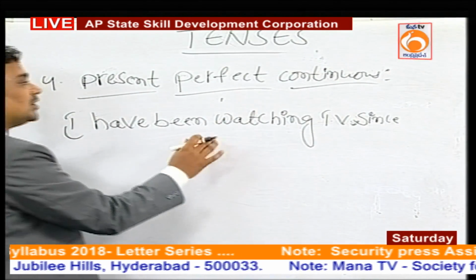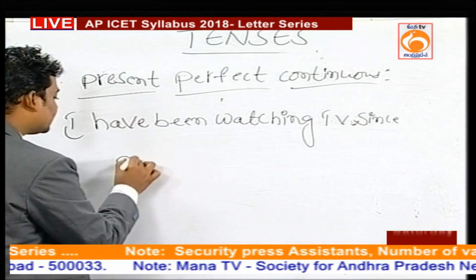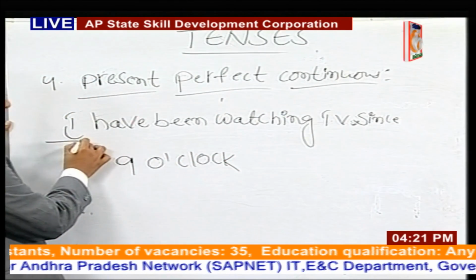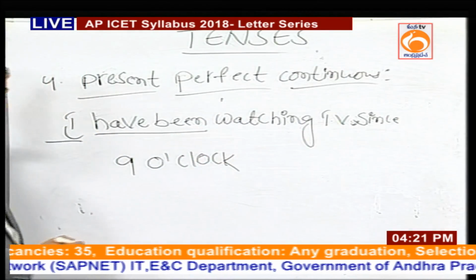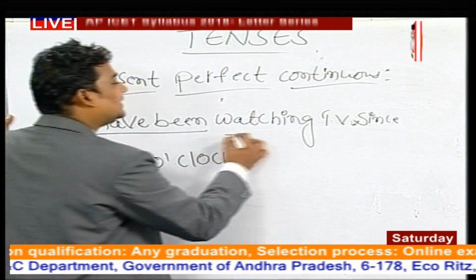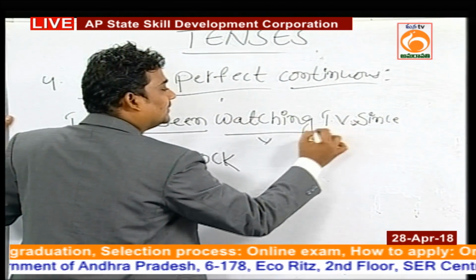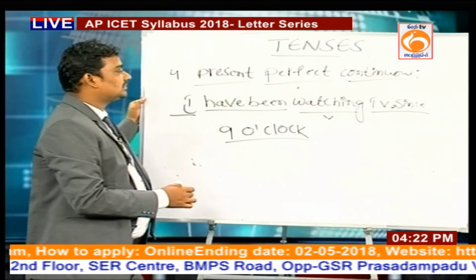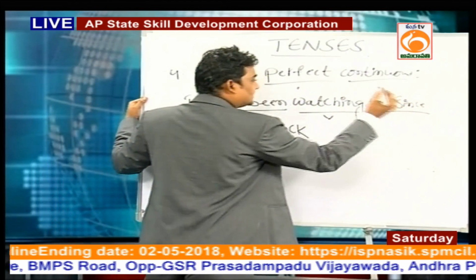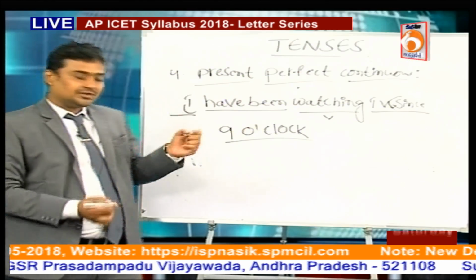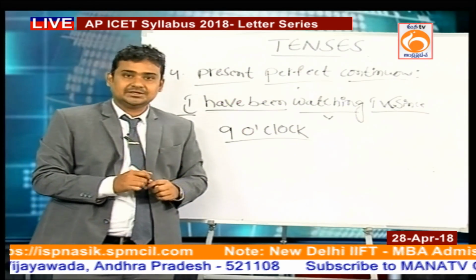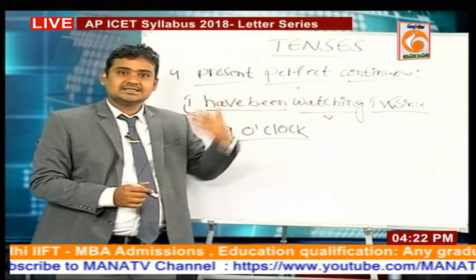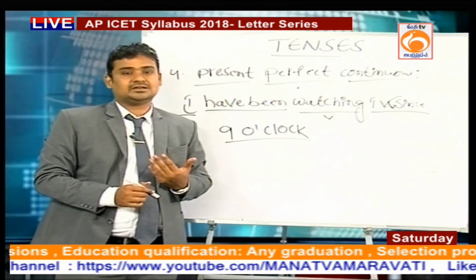I have been watching television since 9 o'clock. Here I is the subject, have been is a verb phrase of helping verb, and watching is the V4, and the remaining part of the sentence is called the object. In this object I wrote since. In present perfect continuous tense we should use the prepositions since or for. Since refers to a point of time and for refers to a period of time.